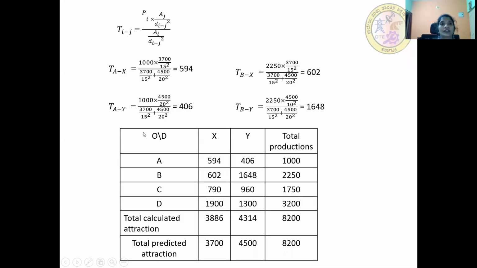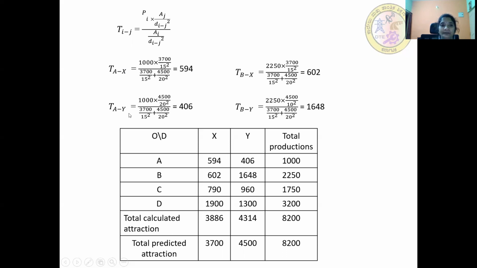So you have 1000 into 3700 / 15^2, whole divided by the sum over X and Y, that is 3700 / 15^2 plus 4500 / 20^2. So A to X you have 5094.